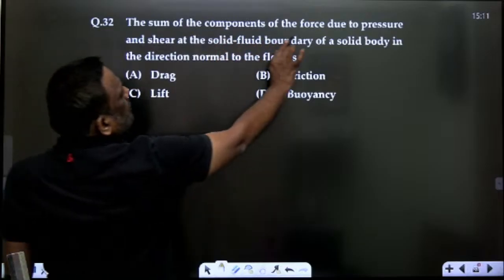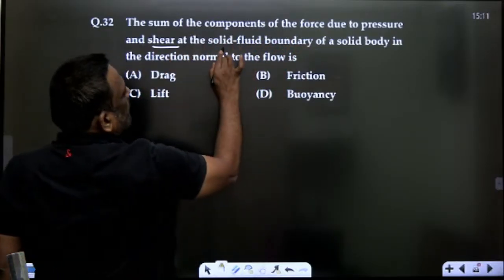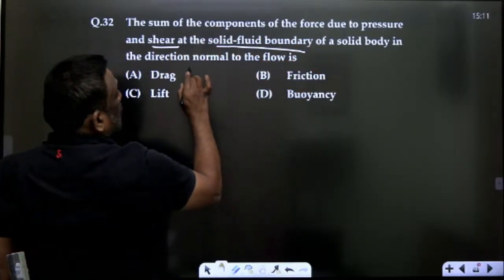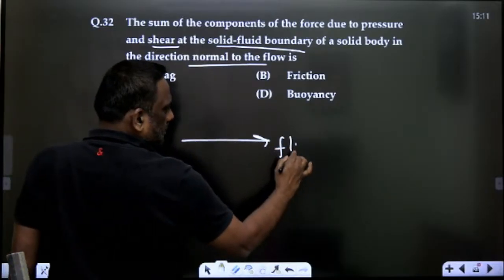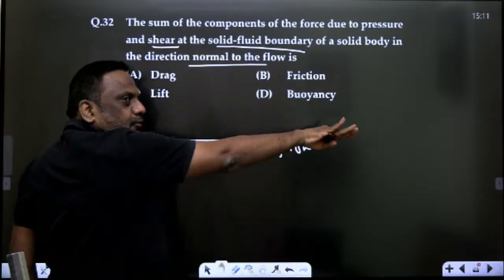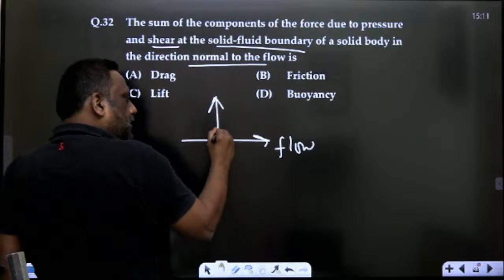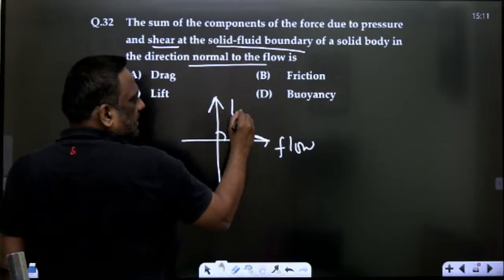Some of the components of forces due to pressure and shear at the solid fluid interface normal to the direction of flow. तो ड्रैग फ्लो डायरेक्शन में आता है, और परपेंडिकुलर डायरेक्शन में क्या आता है सर, इसको लिफ्ट बोलते हैं.